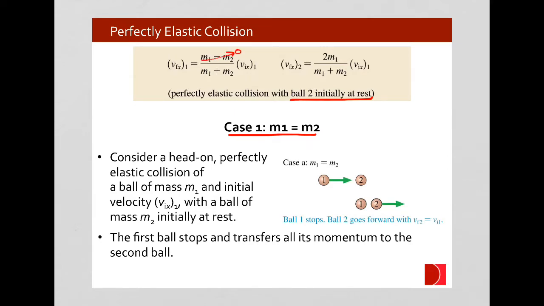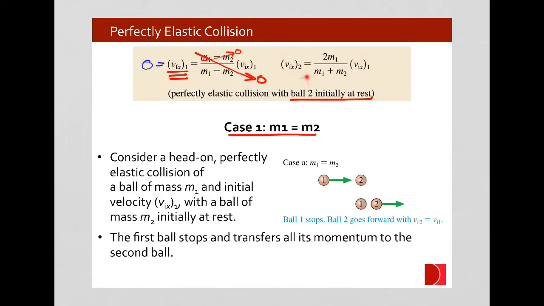And if this term is 0, that means this whole side of the equation will be 0. And the final velocity of the first particle, the final velocity of the incident particle, will be 0, meaning that the particle is not moving.